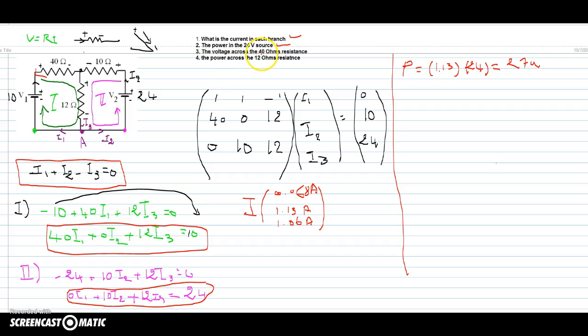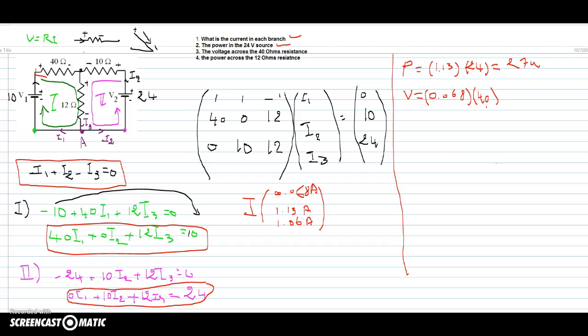And then the voltage across 40. So the current is I1, which is 0.068, times the resistance 40.